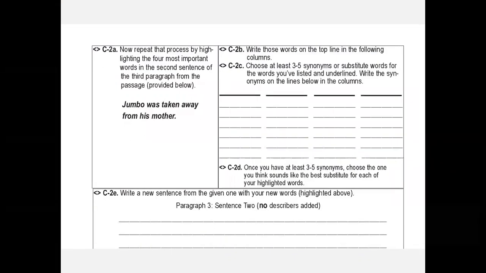As I'm going through here, I'm taking a sentence, first of all, and I'm saying, can I teach students, and I have the writing boxes open, C2A at the top. I am literally saying, can I get my students to go sentence by sentence to learn that you have to have the subject, you have to have the verb, you need some great describers, you need to paint a visual picture, and those kinds of things.